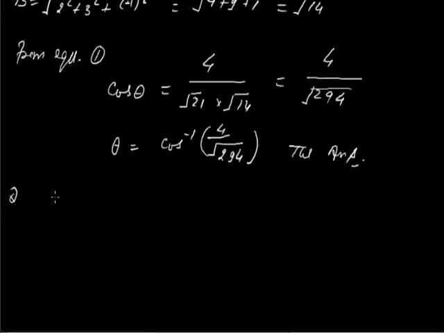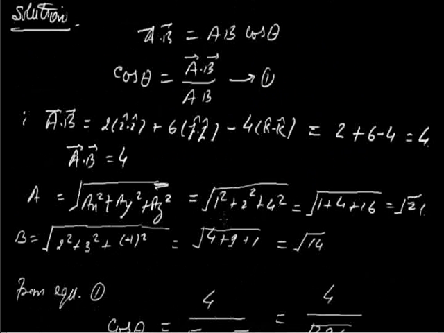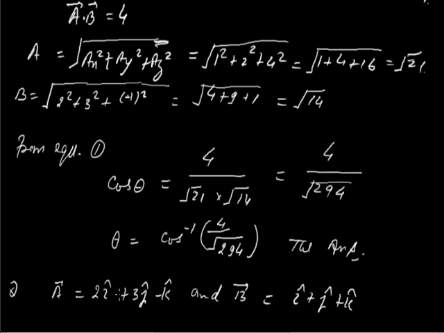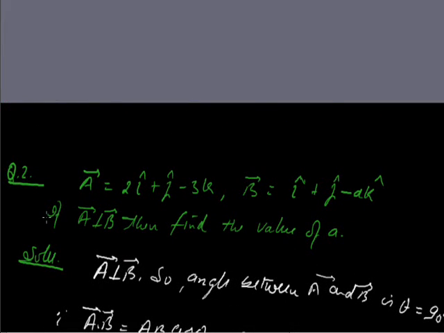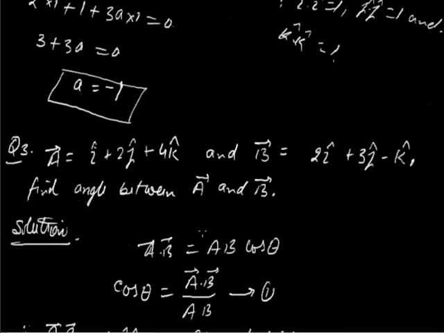Now the question is, A is 2i plus j minus 3k, and the vector B is i plus j plus k.